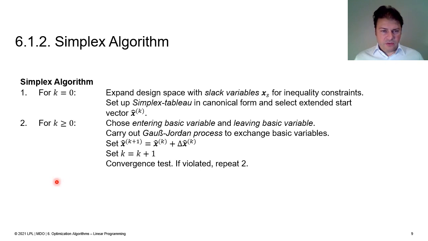This is now moved to this section because technically there is no difference between assigning design variable vectors a value and this index a value. So whenever there is an assignment of values, we say set, and we name the variable, and then there's an equal sign, and then we state the value that this variable is to assume.